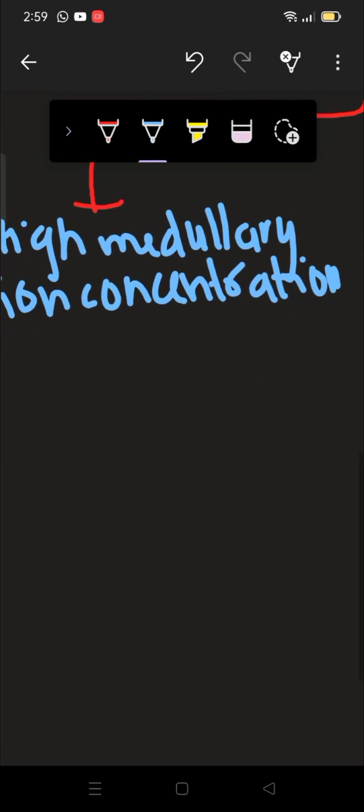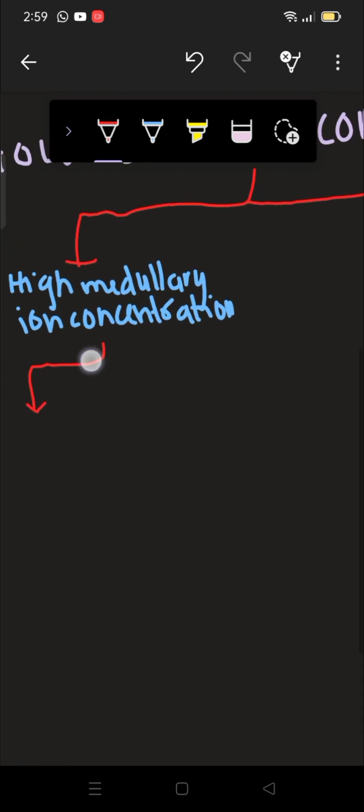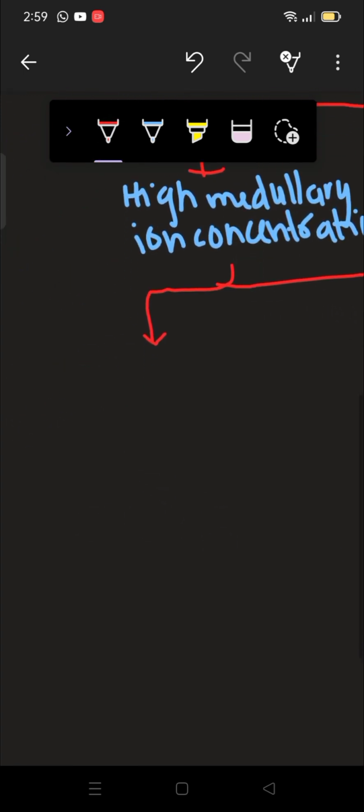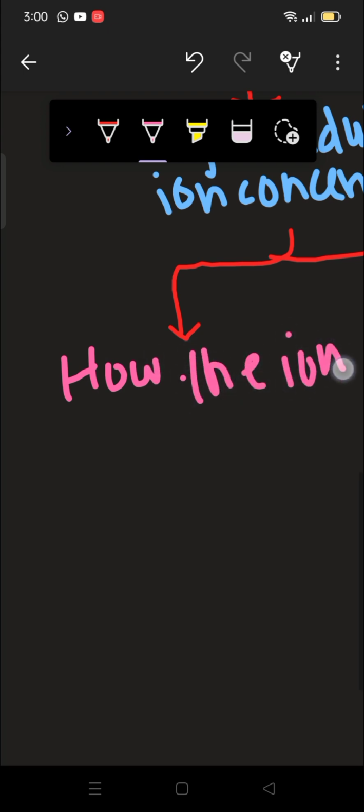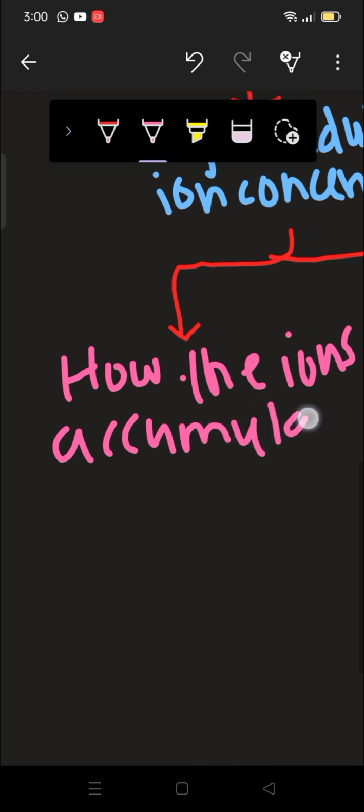Alright, and here we have two further types of this. Here we'll be talking about how the ions accumulated. And here we have again two types as well.